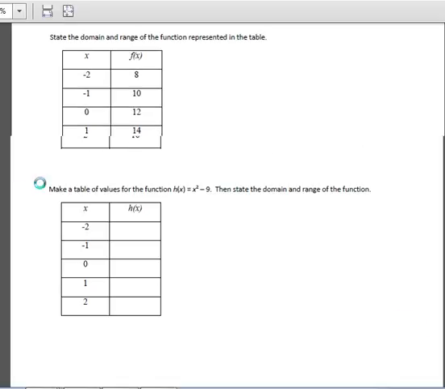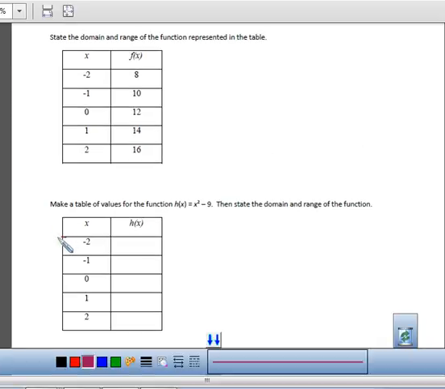This time the table is not filled in completely, so you are expected to extend the table and substitute your value in for your input, or for your x, and discover what our h of x values are. So we have negative 2 to the second power minus 9.